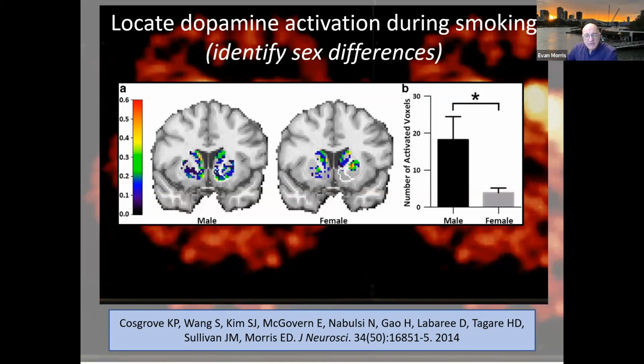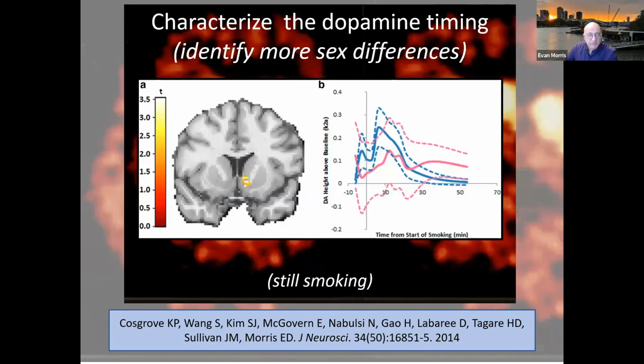And the first thing we found was that when we used the appropriate model with our transient term for dopamine, there were differences in location of activation between men and women. So that was interesting. Again, responding to their own cigarette that they smoke in the PET scanner. And there were differences in the timing of those responses, blue being men and pink being women in this particular curve in that cluster.